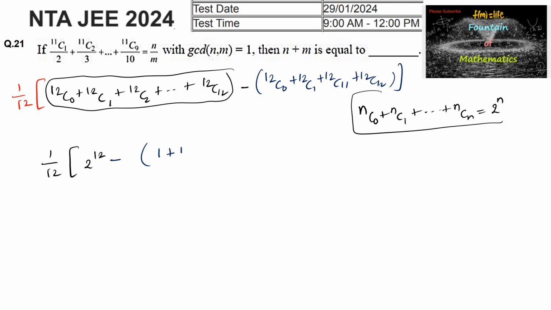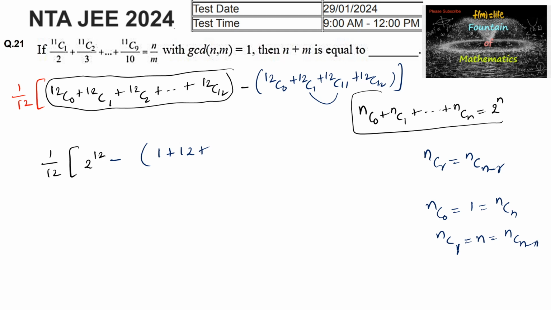So the 12C1 value is 12, and similarly 12C11 is the same as 12C1, because we know that nCr is equal to nC(n-r), both are the same. So we can also remember nC0 is equal to 1, which is equal to nCn, and nC1 is equal to n, which is equal to nC(n-1).